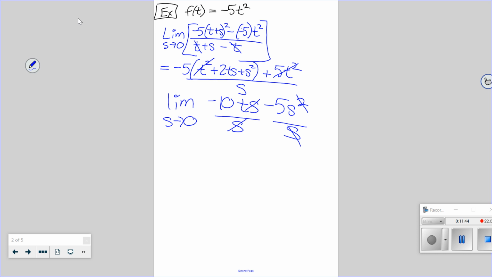And that other one had s squared. So I cancel one on the bottom, and now I just take that to 0. So I had the limit of my small amount of time going to 0 of this strange slope function equals just minus 10t plus 0.